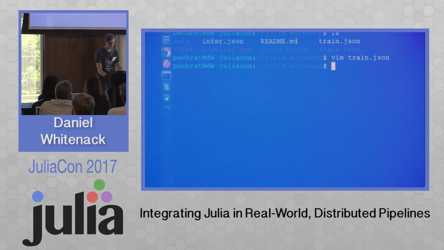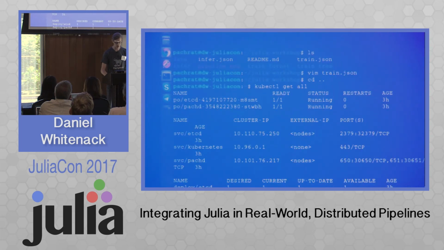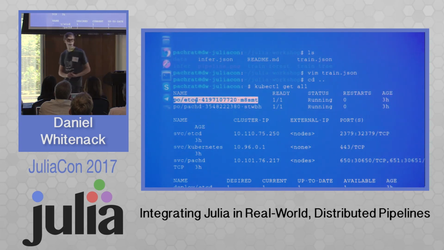If you notice, let me go back here so I don't wrap as bad. In my Kubernetes cluster, I'm running Pachyderm. The other thing I'm running is etcd, which also runs in Kubernetes anyway, but we utilize it as well. So this is a distributed key value store. What actually happened when I initially created those repos was I just created a key and a value in that store that said, I have these repos.